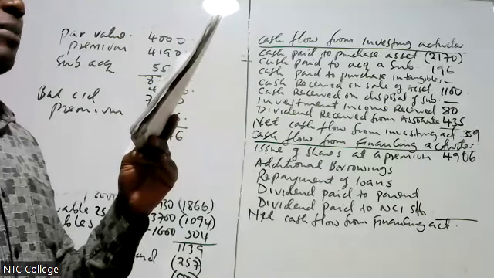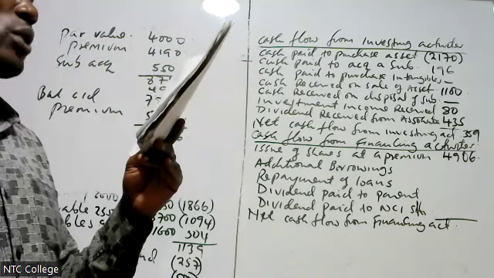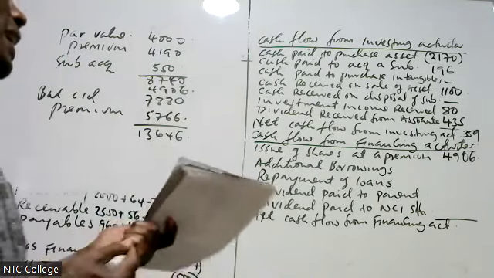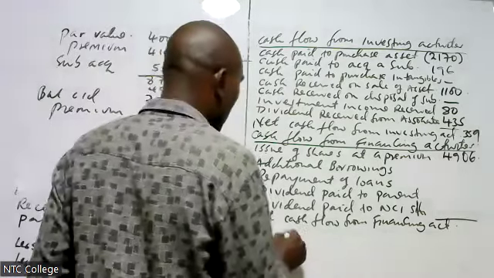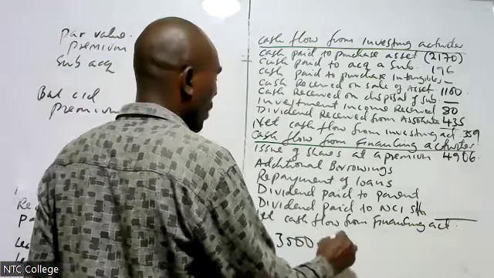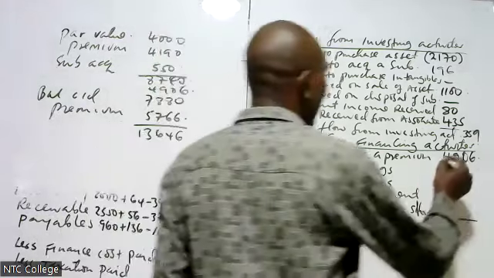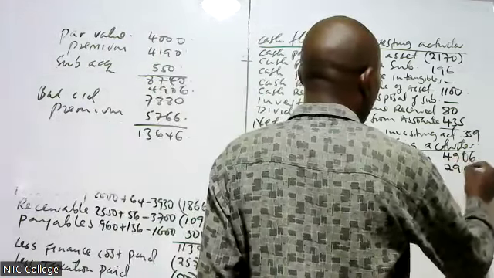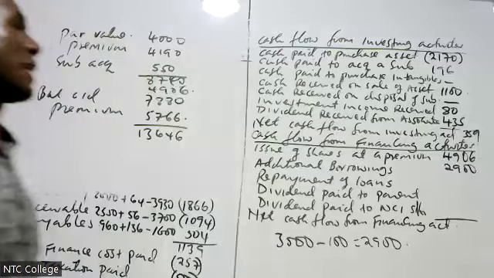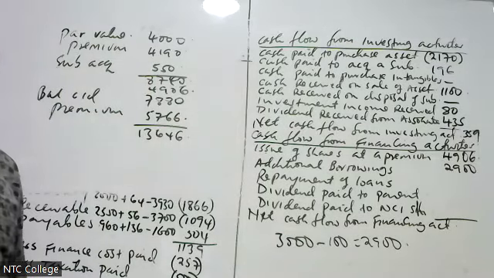The par value was 3 million, but they were issued at a discount of 100. Therefore, 3 million minus 100 is 2,900. We received 2,900 additional borrowing.